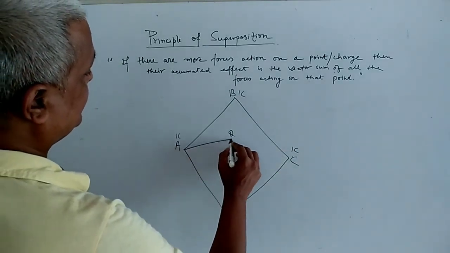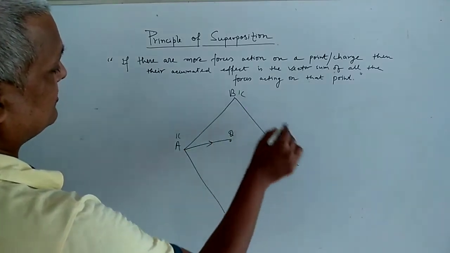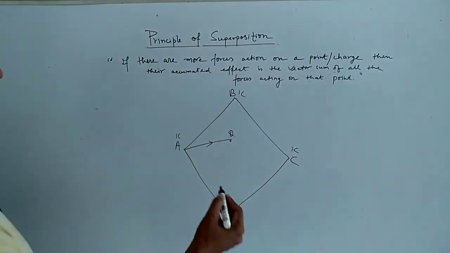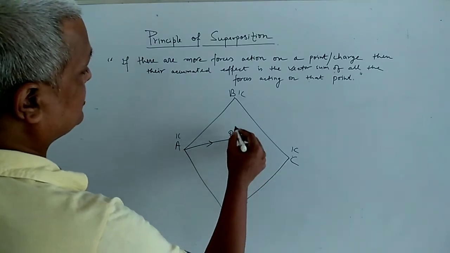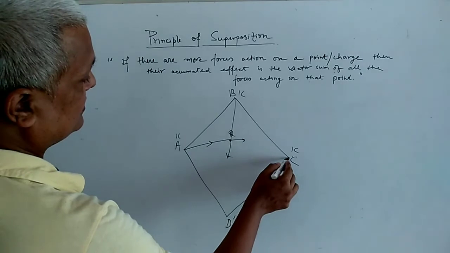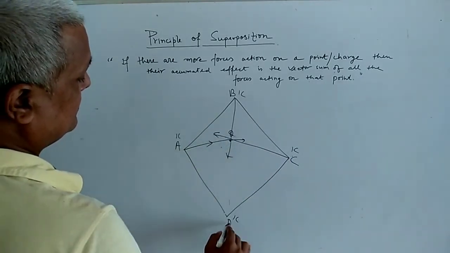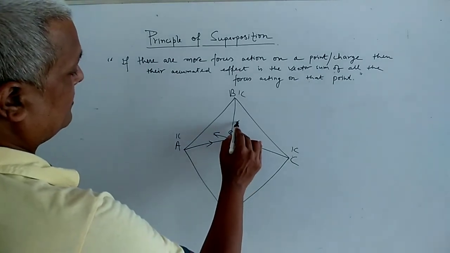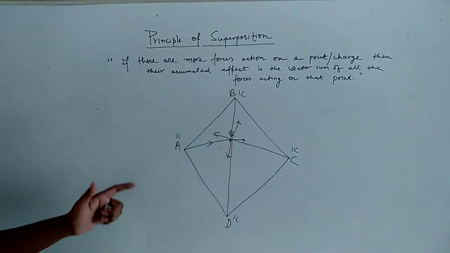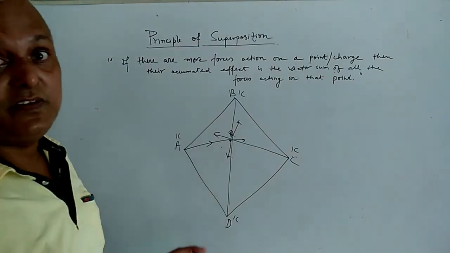Then I have to find the force on this Q. Considering all the charges the same, this force will be acting in this direction, this one in this direction, and this one in this direction, something like that. And we can find it using the idea of the resolution of forces.